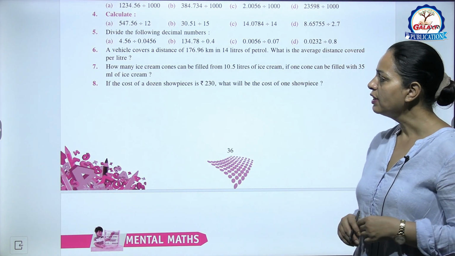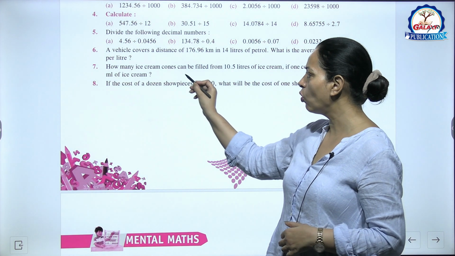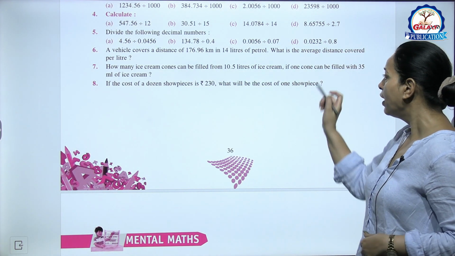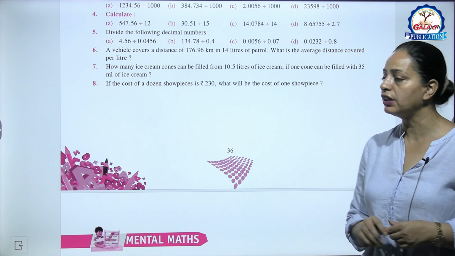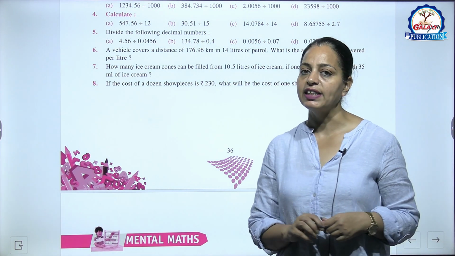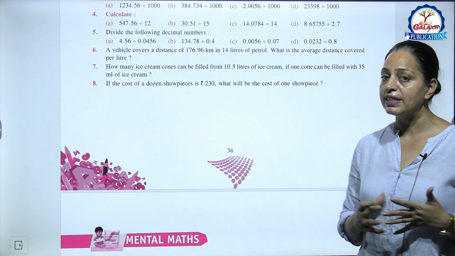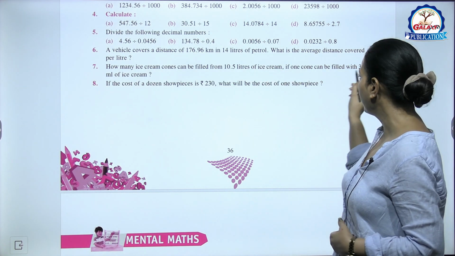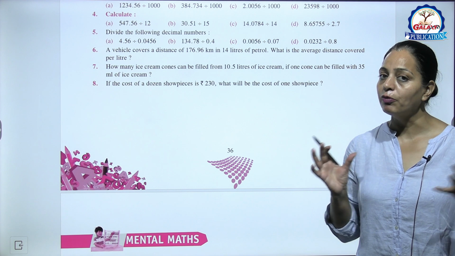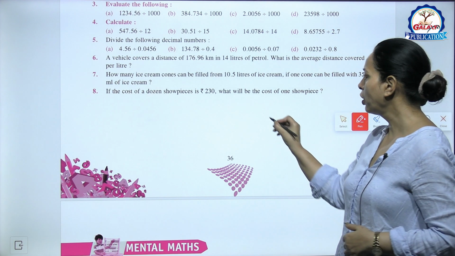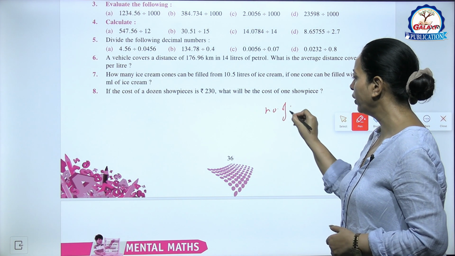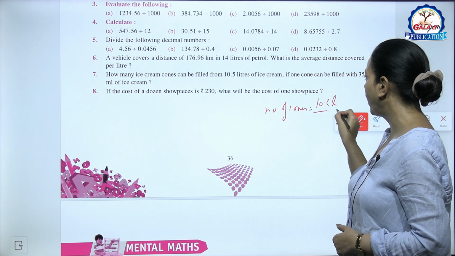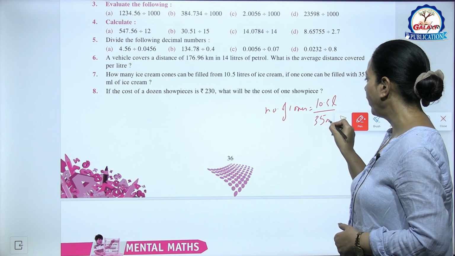Now see here, seventh question, how many ice cream cones can be filled from 10.5 liters of ice cream? If one cone can be filled with 35 ml of ice cream, how many cones can be made if the total ice cream is this much and we fill 35 ml in one cone? So number of cones, how can we find it out? 10.5 liters divided by 35 ml.